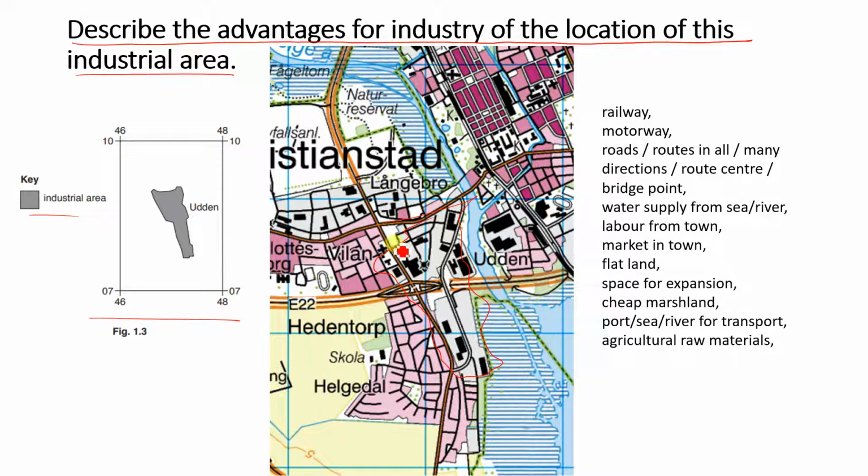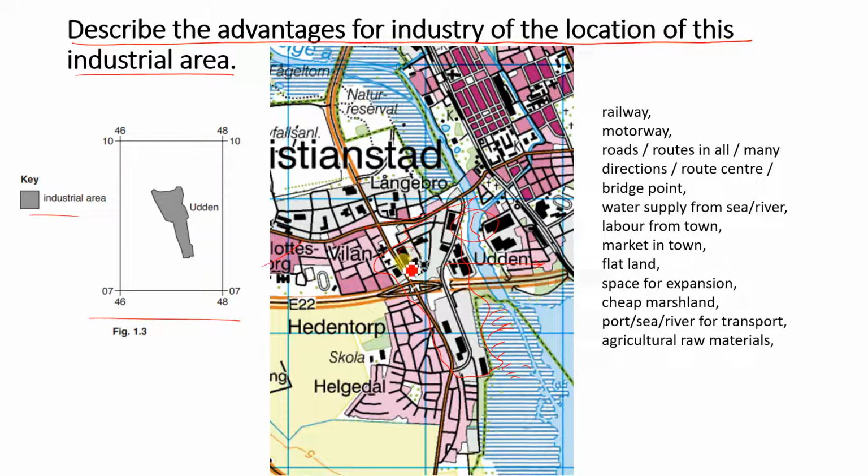If you look at this, there are roads. Roads are good. A road junction is good for industry location. There are railways. You have a road here and a railway here, good for growth. You have water here, good for growth. You have marshland here, and marshland is usually cheaper to buy and good for expansion of the industry.